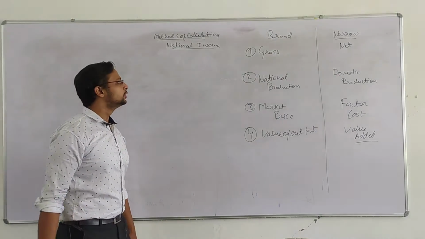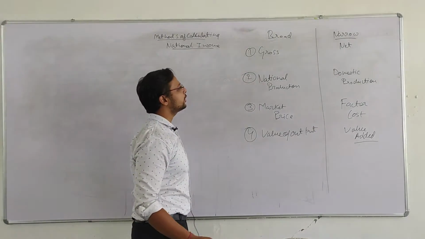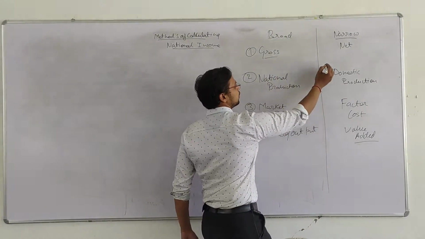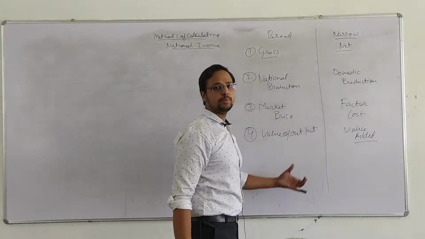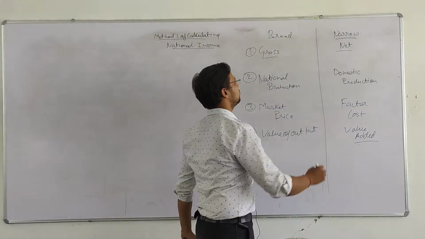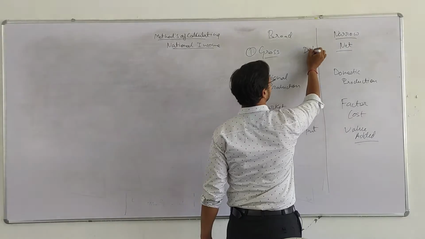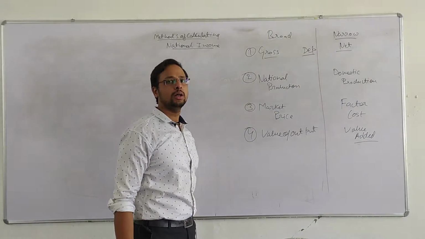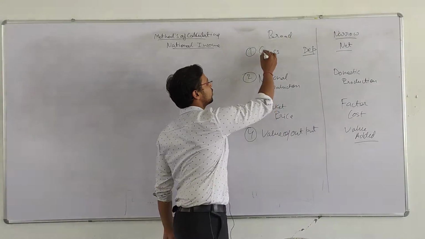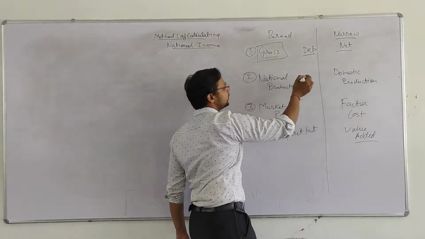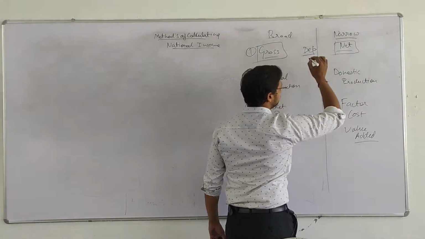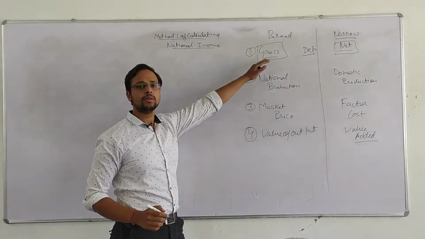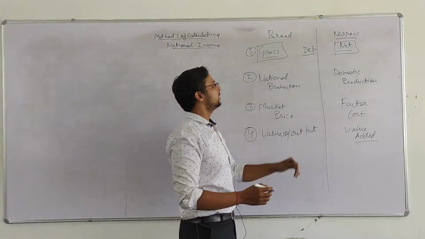Okay, so if we wanted to go from gross to net, the difference between both of them was depreciation. The difference was called depreciation. Now, if you want to go from gross to net, then you will have to subtract depreciation.